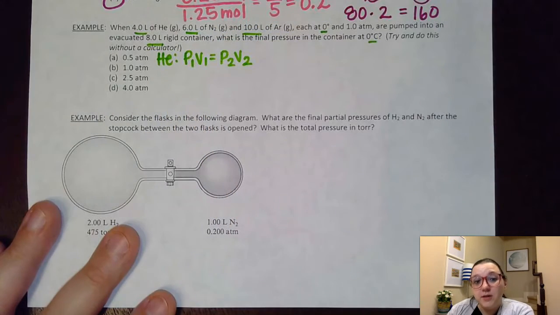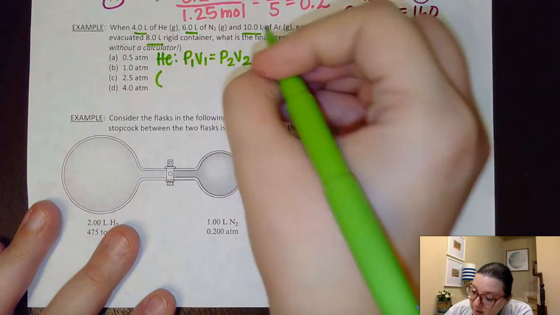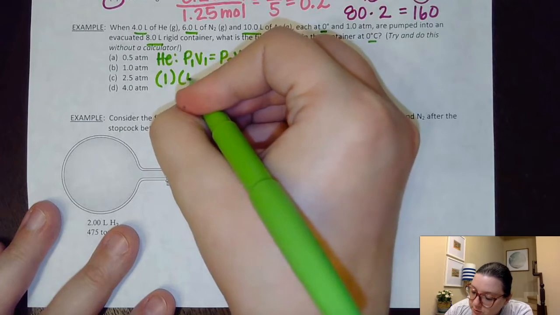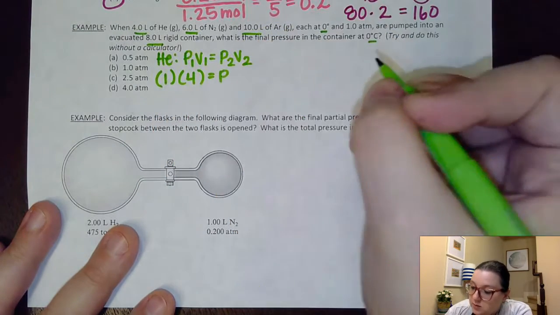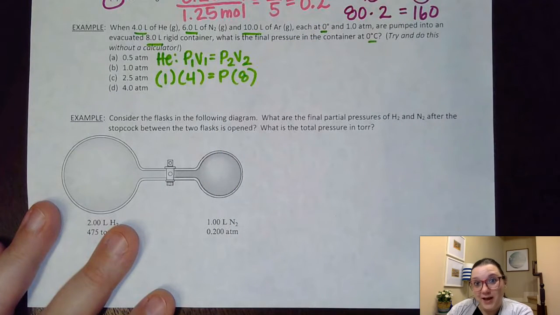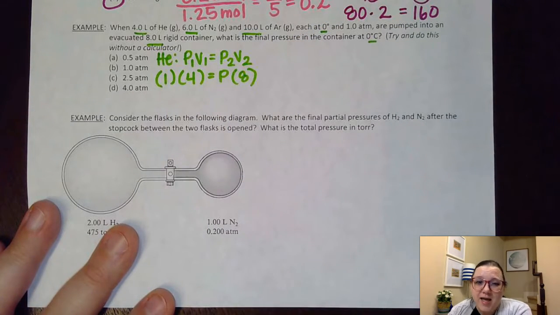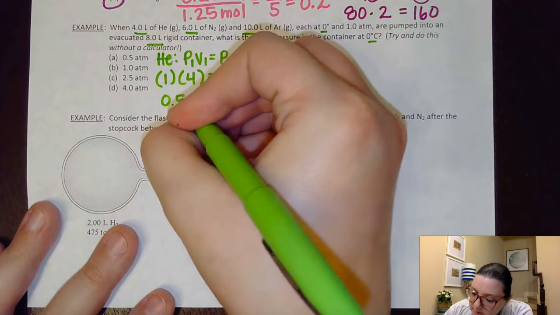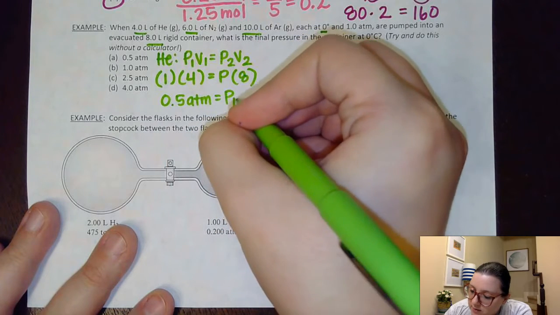So I'm going to calculate, if I had 1 atmosphere for 4 liters, what would that new pressure be when I change the volume to 8 liters. To get P by itself, I would divide by 8. 4 divided by 8 is 1/2. So that would give me 0.5 atmospheres for the pressure of the helium.